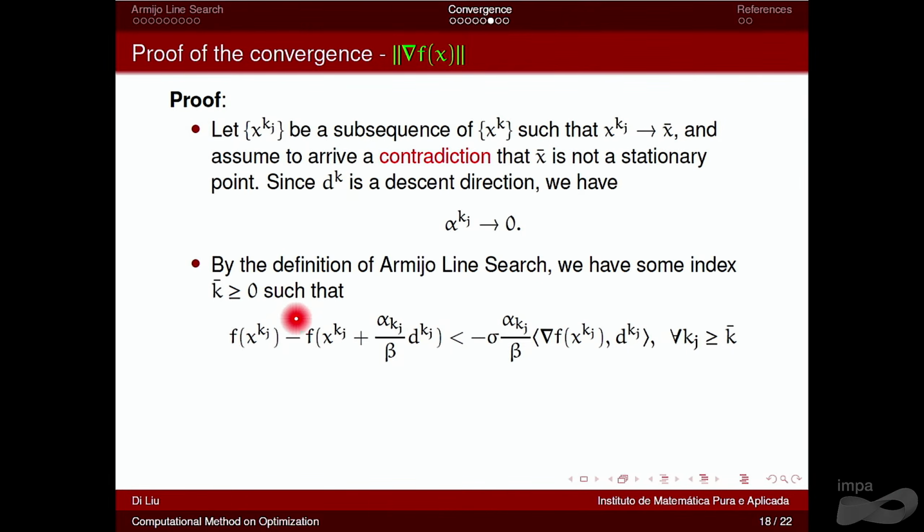This is not the Armijo condition. It's the inverse of the Armijo condition. This inequality means that after k bar, after some iterations, when you are doing the Armijo line search, or the backtracking, you need to try at least once before the inequality succeeds.